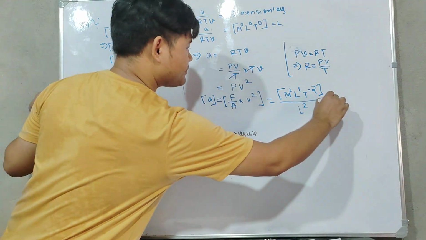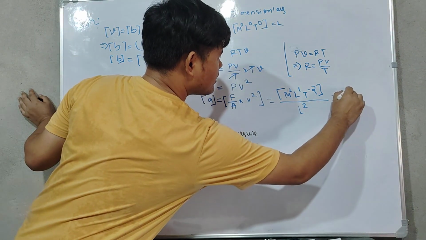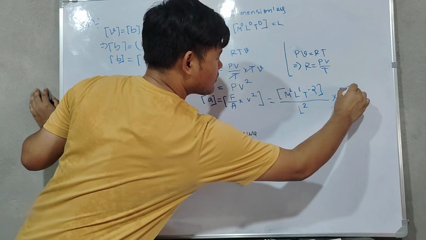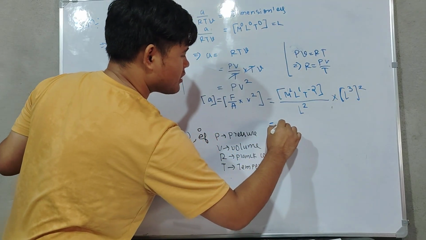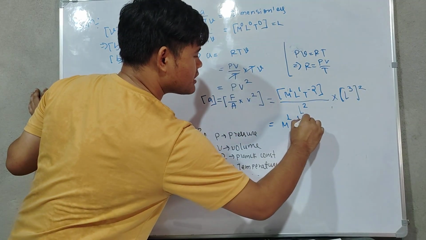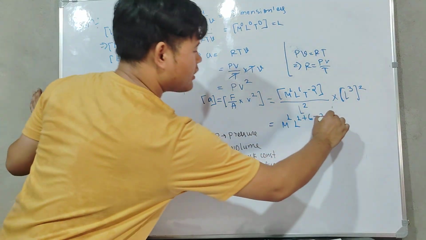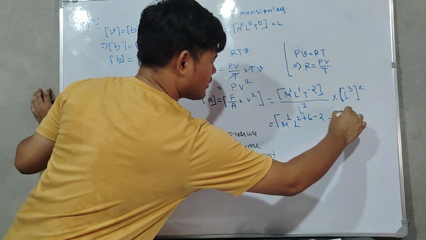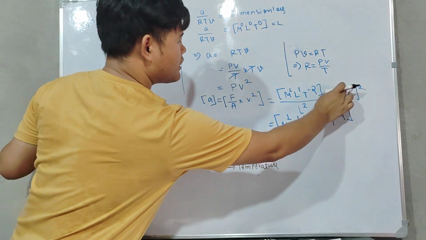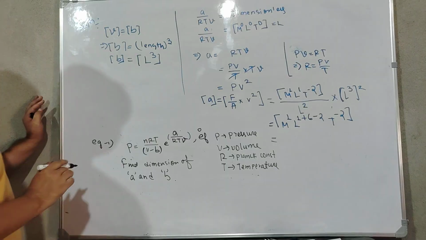Volume means length cube, and again there is a square.